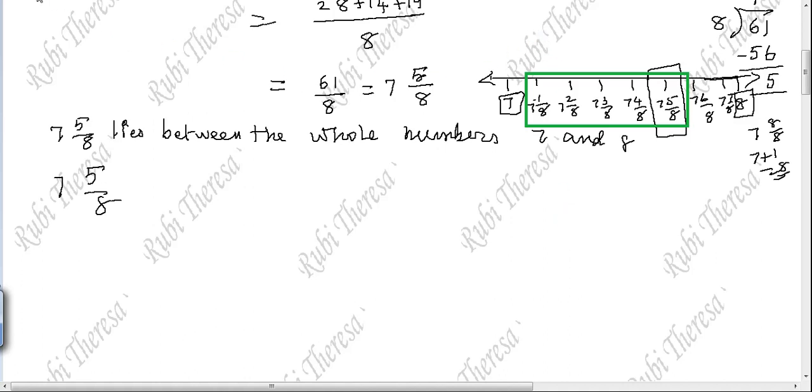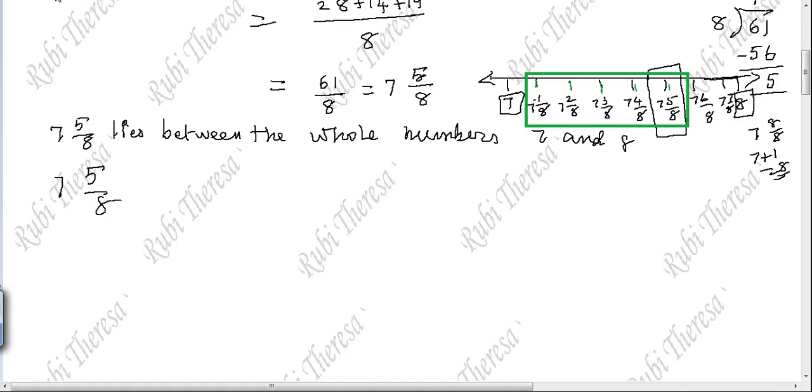We follow. That means this is actually what? 1 by 8, 2 by 8, 3 by 8, 4 by 8, 5 by 8. So if you remove these 5 by 8 parts, if you subtract them, you will get 7. So 7 5 by 8, understand?